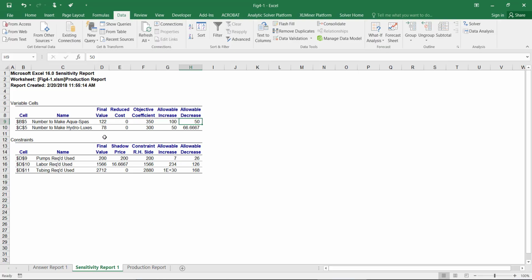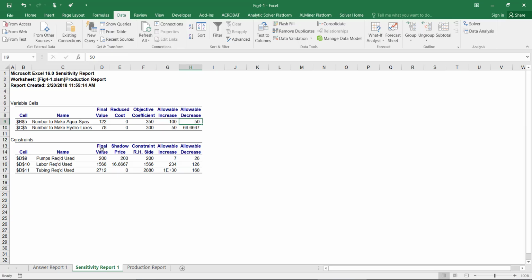It has final values, shadow price, and right hand side, and then the value that we can increase and decrease. The final value is the left hand side, the value of the constraint itself, and the right hand side is the b's that we have, the values of b1, b2, and b3.